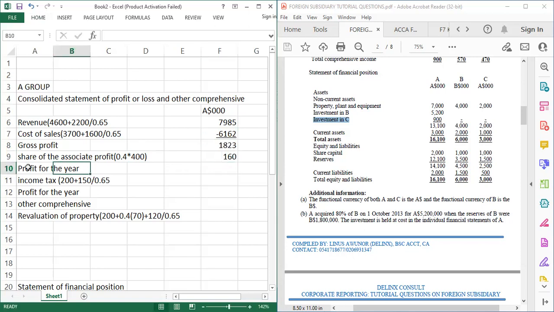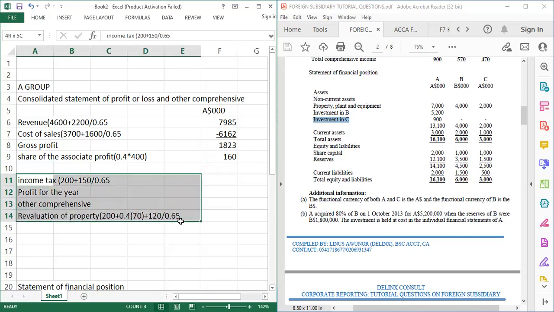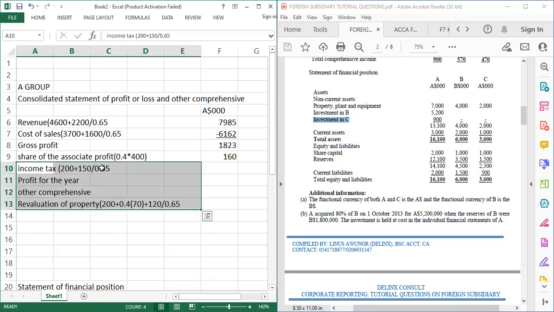The profit for the year, how many do I have? That one is before tax. So the income tax will give us what?